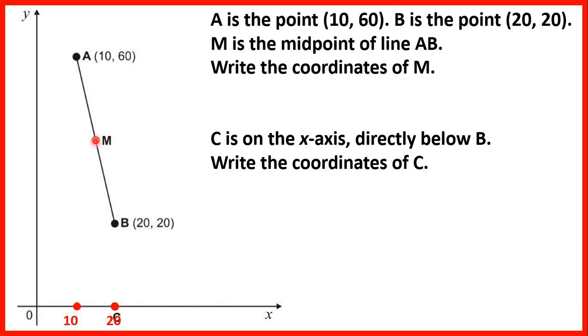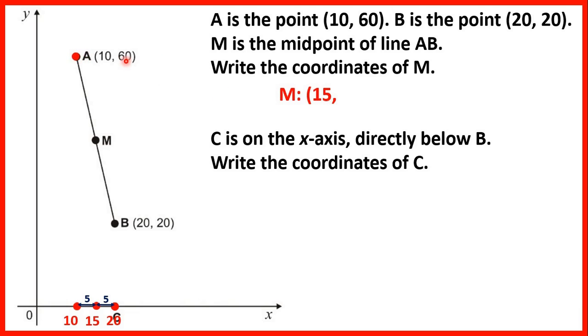So because M is the midpoint, we need an x-coordinate that's right in the middle of 10 and 20. So the number in the middle of 10 and 20 is 15, because then we have 5 on each side. So the x-coordinate of M is 15.